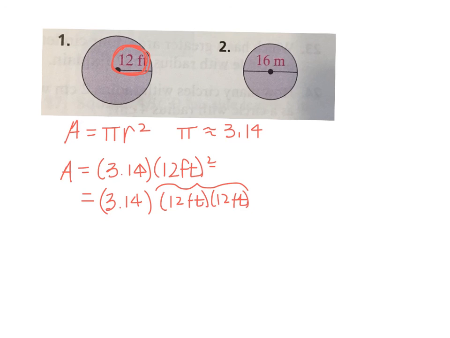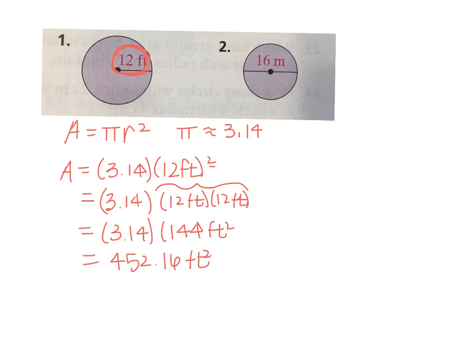So in this case, I have 3.14 times 144 square feet. Now when I multiply that by 3.14, I got 452.16 square feet. And this right here would be my answer for problem number 1.